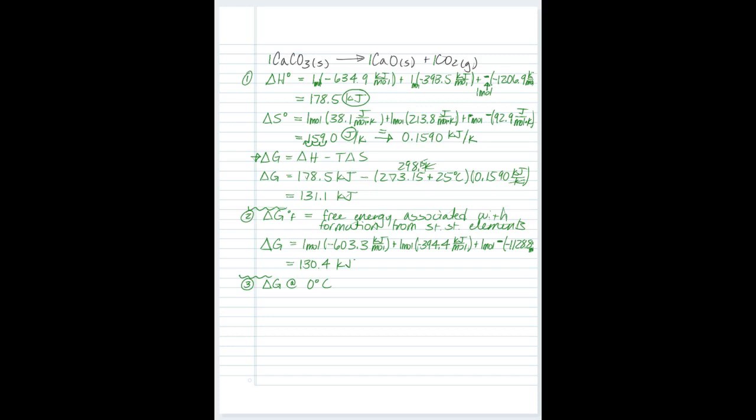We are going to assume that the delta H at least doesn't deviate very much with different temperatures, and we have a temperature term in our equation to modify the delta S. So again, we're going to use our delta G equals delta H minus T delta S, and this time we are going to use our same values for delta H and delta S that we calculated using the enthalpies of formation and the standard molar entropies, but we're going to multiply it by a different temperature.